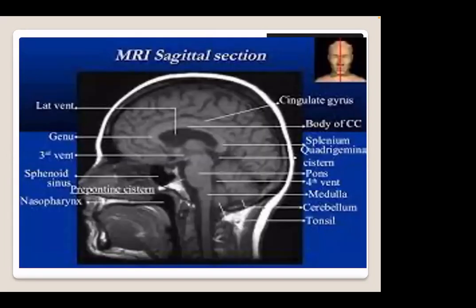Sagittal section showing body of the corpus callosum and genu and lateral ventricle and connected to the third ventricle, quadrigeminal cistern, then to the fourth ventricle, then to the central canal.